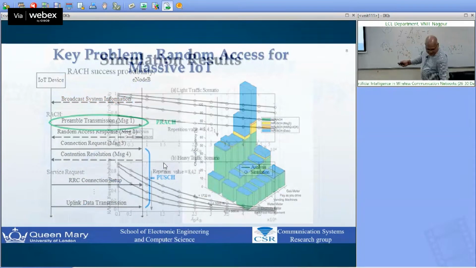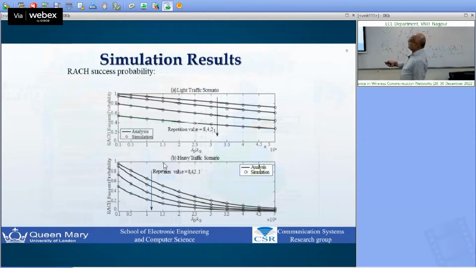So we have done theoretical work and numerical work, and we found that when you increase the repetition value, the random access success rate is high. Here, when you have repetition factor 8, the random access success probability is high.